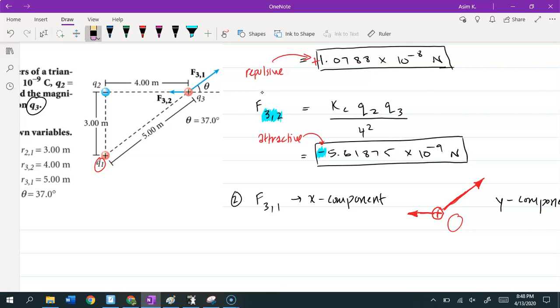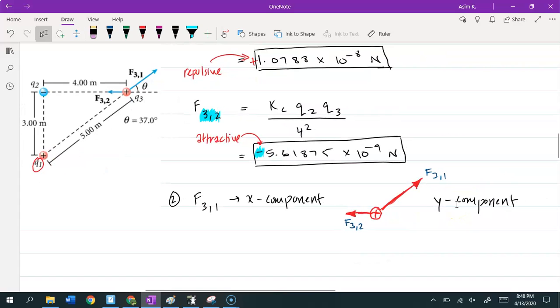We basically have two forces that are being felt. One of them is called F sub 3 comma 2, and one of them is called F sub 3 comma 1. Now you'll notice that 3 comma 2 only has an x component, but 3 comma 1 is our problem. 3 comma 1 not only has an x component, it also has a y component. So let me just remove that for now.